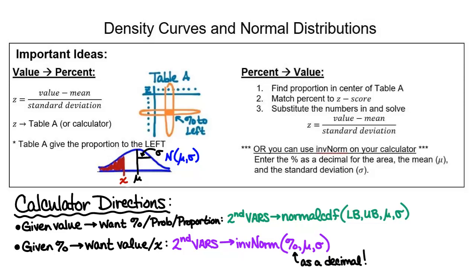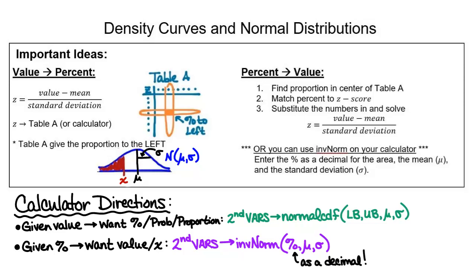So I've got the calculator directions written here. If you want to add those to your page so that you can remember how to do that, please do so. If you're given a value and you want the percentage, the probability or the proportion: second vars, normal CDF, lower bound, comma, upper bound, comma, mean, comma, standard deviation.